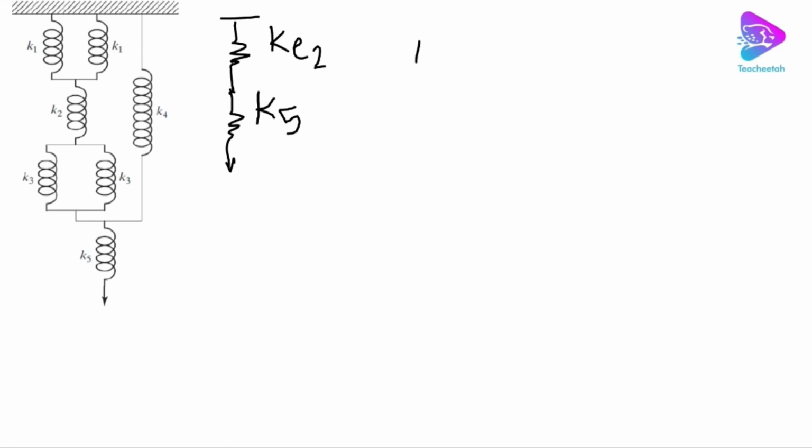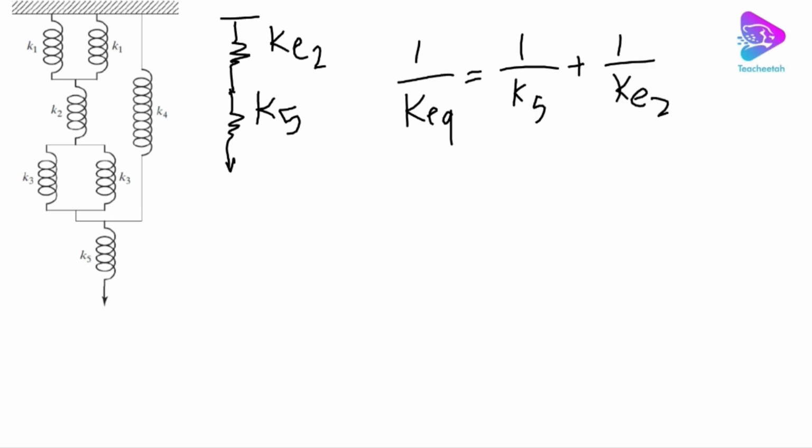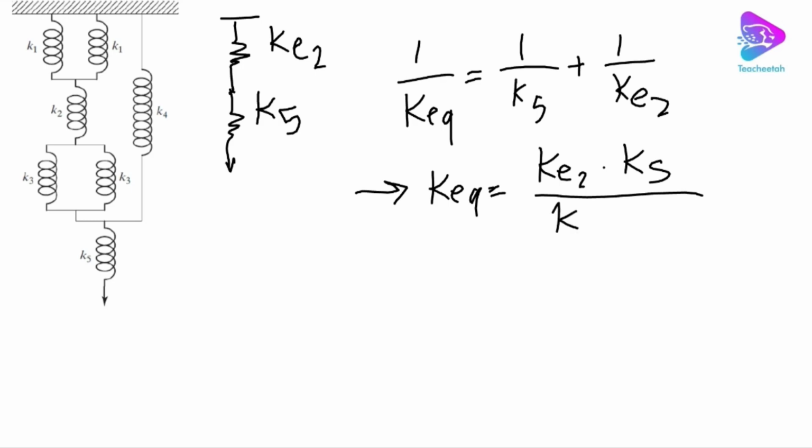So 1 over K equal, where K equal is our final equivalent spring constant, is 1 over K5 plus 1 over KE2. And we already know the expression for KE2. So simply K equal is equal to KE2 times K5 divided by K5 plus KE2.